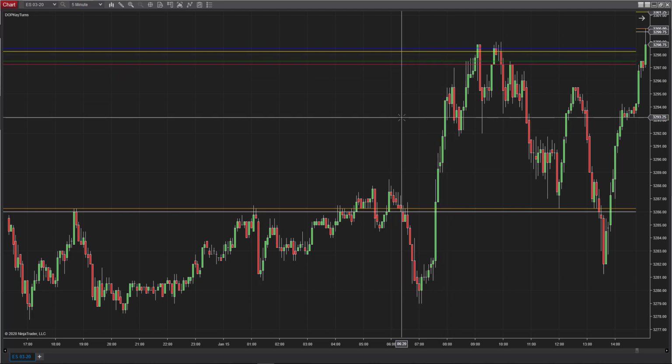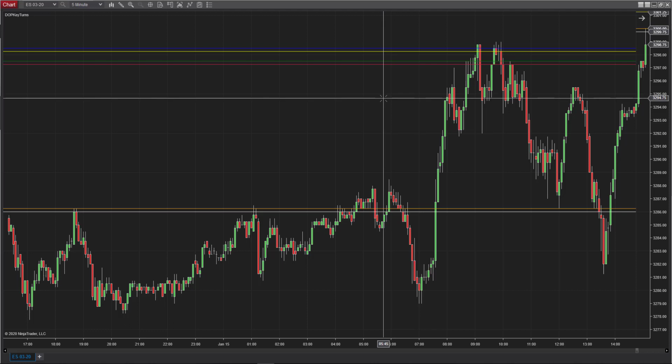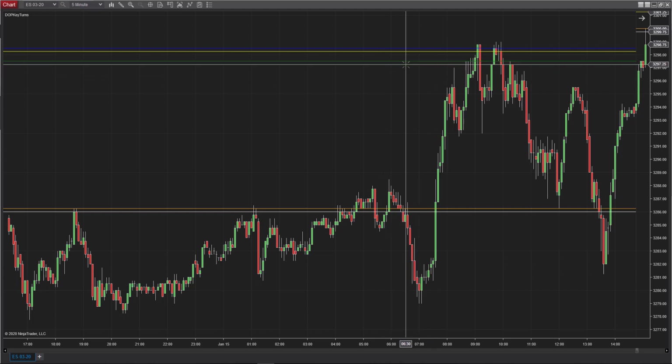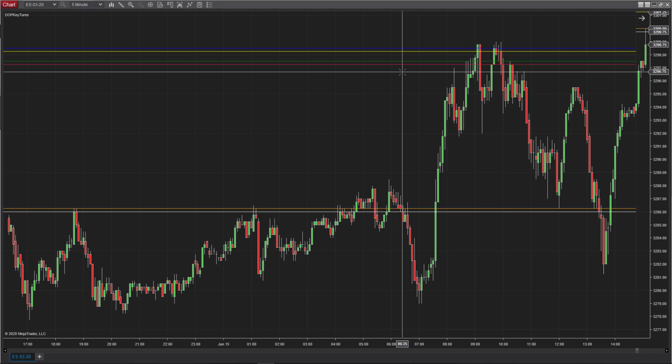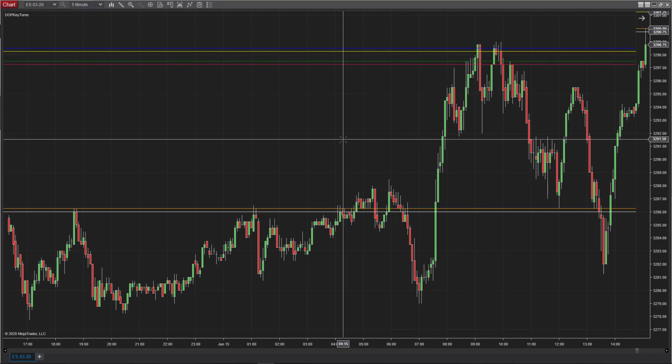The other element of the original key turns price is the language I have used for a long time: what's the call for the day? All that means is, is it up or down? We know it's down if price is below this level, and we know it's up if price is above this level, because it's a tipping point.